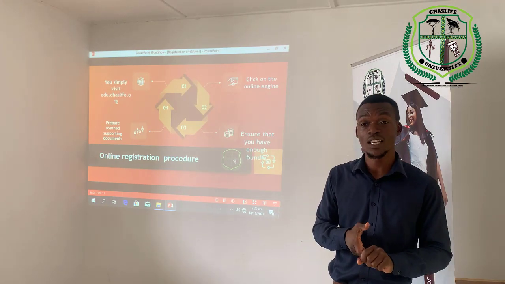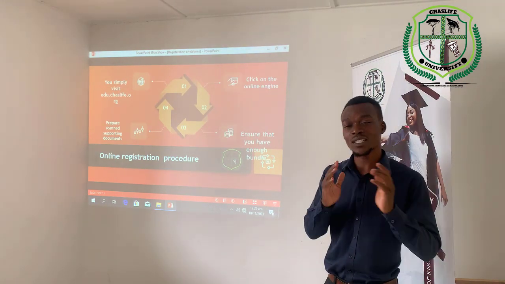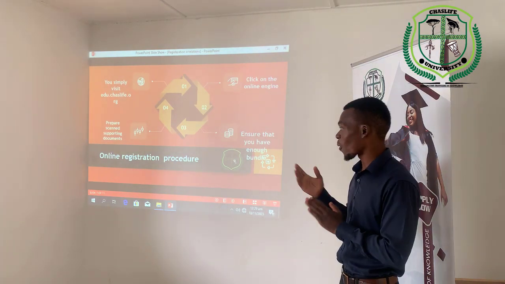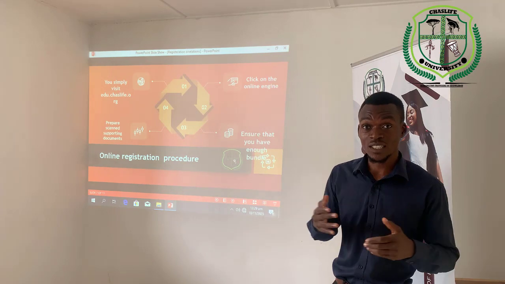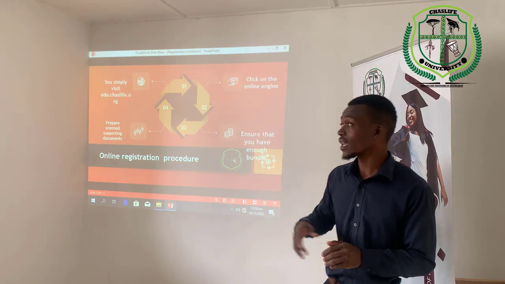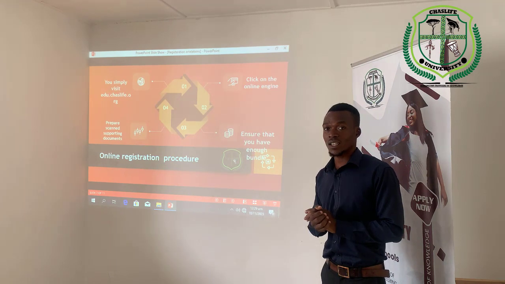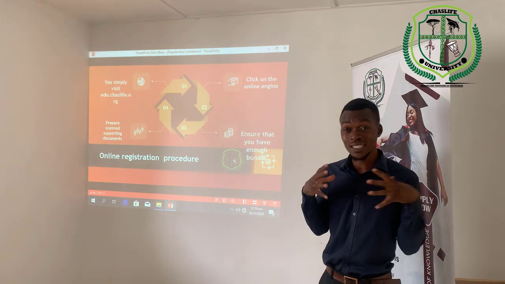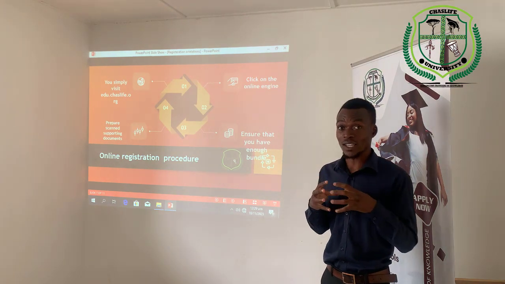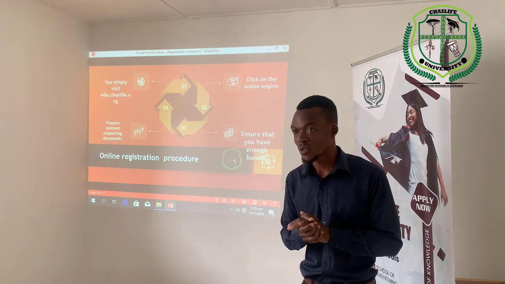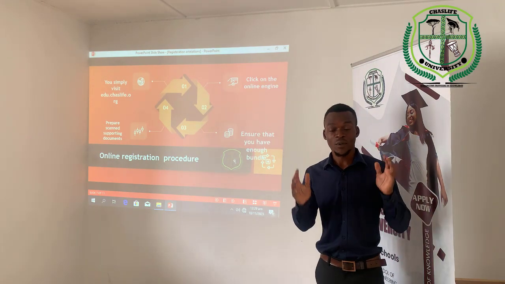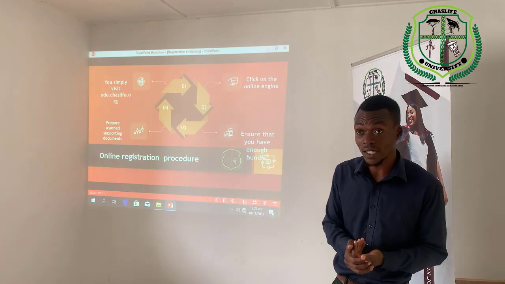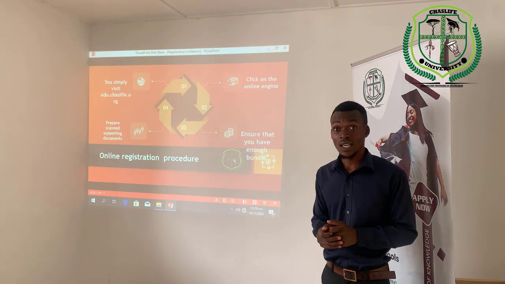You need to ensure that you attach all the required copies of the information that reflects your details in the school's platform that is allowing you to register online, so that your details can be collected on time. If you have prepared all these documents and followed the steps that I've highlighted, it would mean that you have been registered.